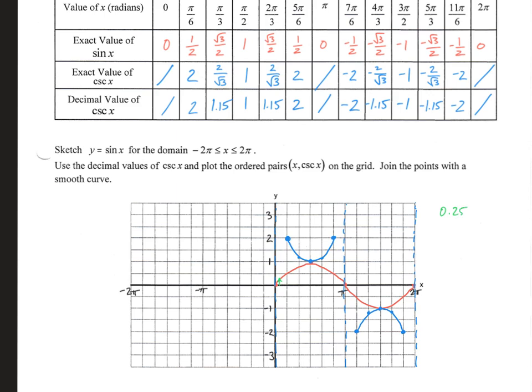Well, if I take 1 over 0.25 to find the reciprocal, that would be 1 divided by a quarter, which equals 4. That means that for this very small sine value, when I take the reciprocal, I get a very large cosecant value.